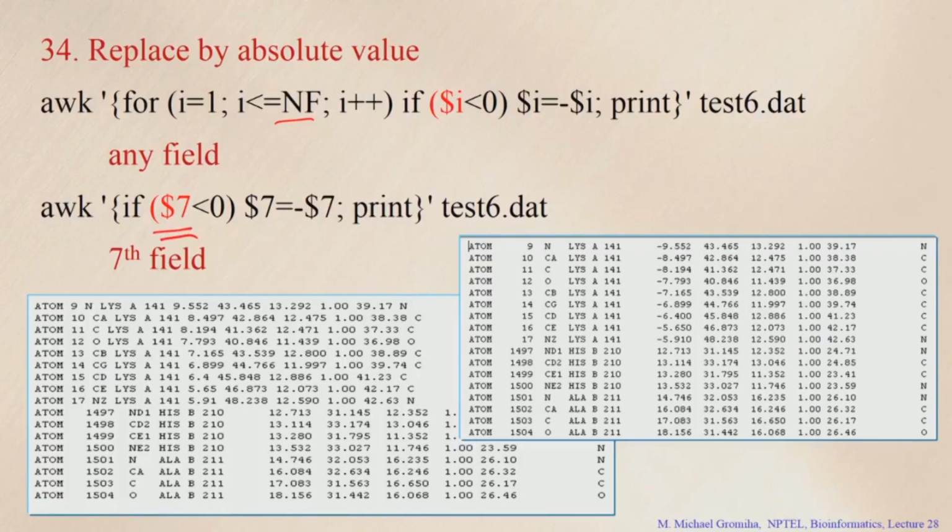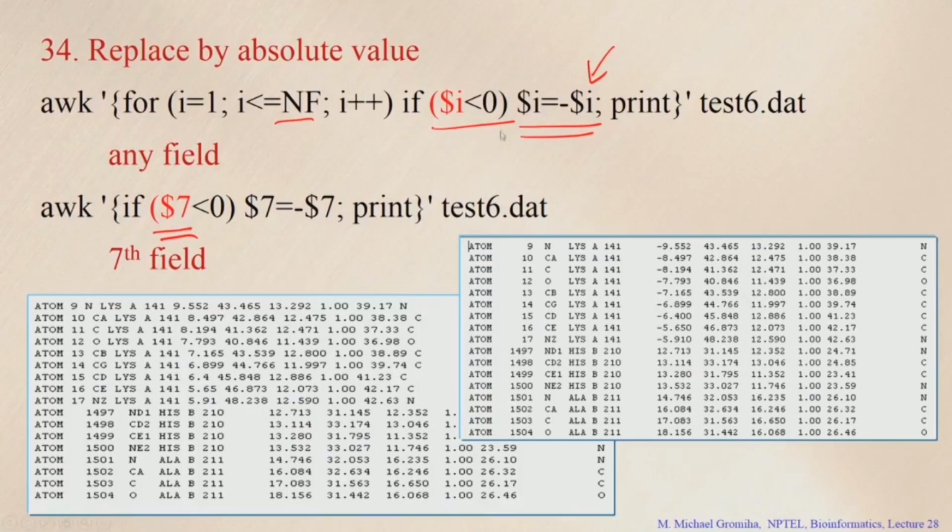If you want to do it for the entire line, then you give i equal to 1 to NF and i plus plus, right. If $i is less than 0, negative values, then you replace $i by minus $i. So, whatever you have the minus values will be replaced by the positive values, right.